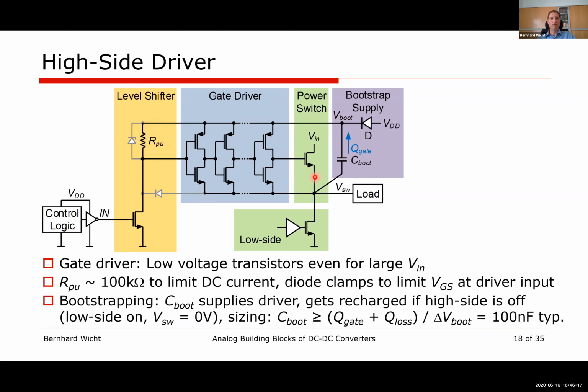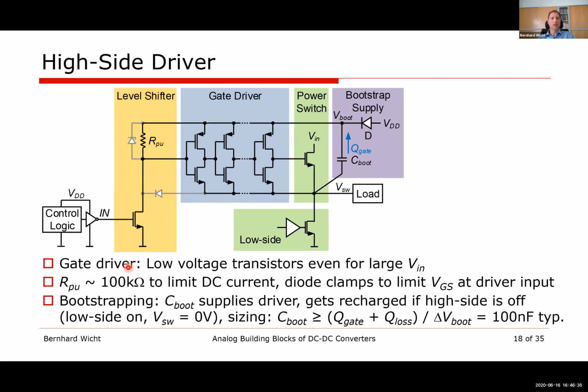So typically 5 volts would be very suitable. Of course, some people may say 5 volts is already high voltage, but in terms of power switching, it's still a very reasonable low voltage. So they can be small devices, which helps.